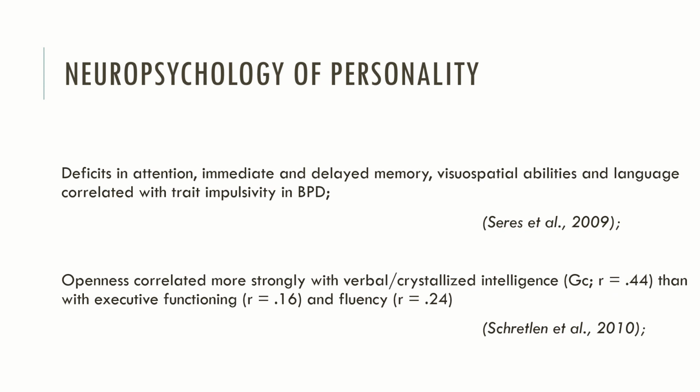So this shows that the personality trait openness is more strongly related with verbal crystallized intelligence than executive function and verbal fluency. These are just two examples of a very strong body of research that explores several neural correlates between neurocognitive abilities and personality traits. But this is just a small representation of this body of research.